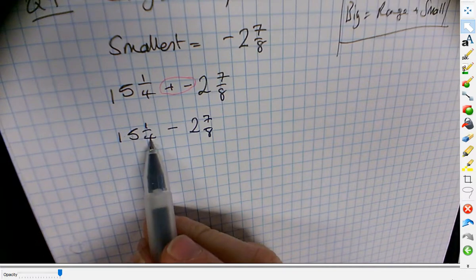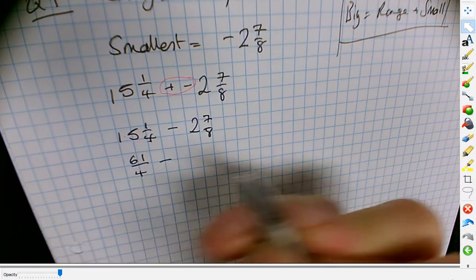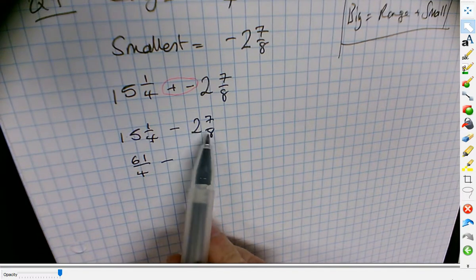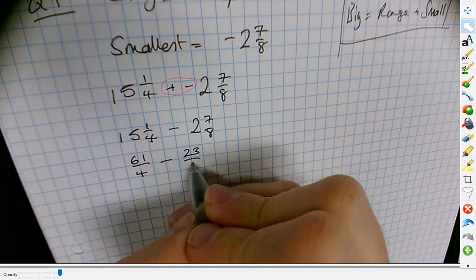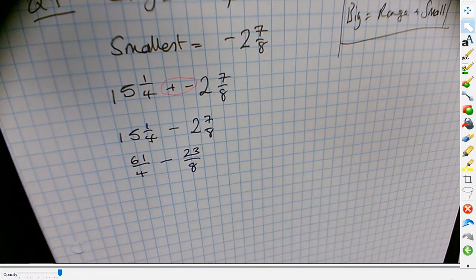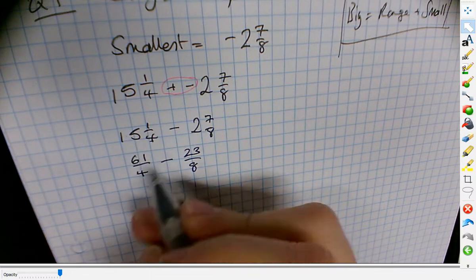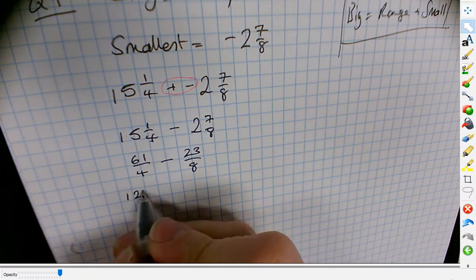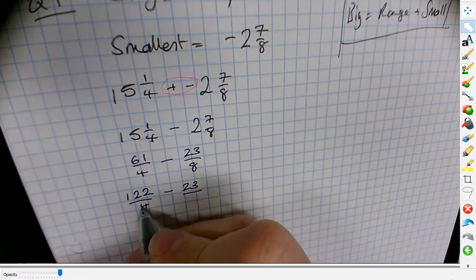So 15 times 4 is 60, add the 1, 61 over 4. Take away 16, 23 over 8. Make the denominators the same, so double this one. 122 over 8. Take away 23 over 8.